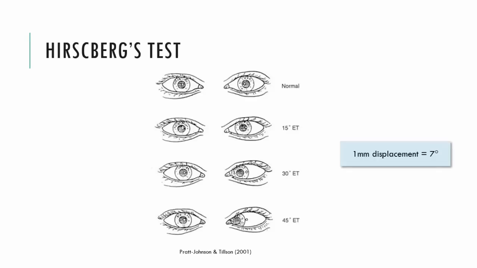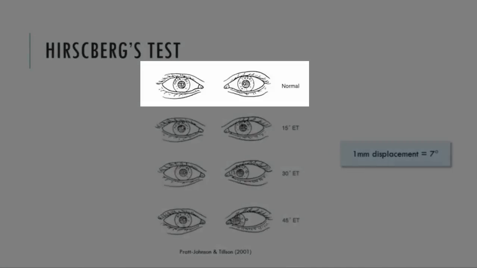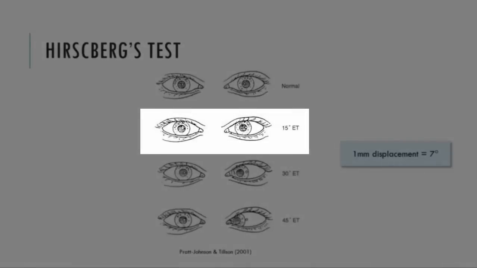So what we use as part of Hirschberg's test is the corneal reflections. Now, as we've learned earlier, and as in the first image here, we expect the corneal reflections to be symmetrically placed in the eyes, and we can see that they're just slightly nasal to the centre in both eyes. So in the second image here, we have a temporally displaced corneal reflection, which is telling us we have a left esotropia.